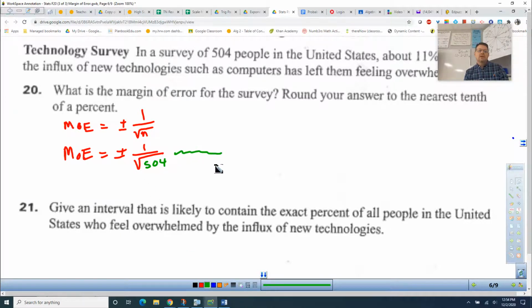And then you would finish that out, rounding your numbers. Now it says give an interval that is likely to contain the exact percent of people in the United States who feel overwhelmed. Well, let me go back. I'm going to finish that off, I'm actually going to need to know this number. So let me figure that out.